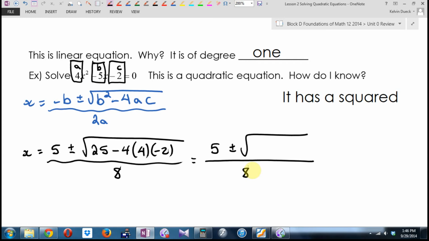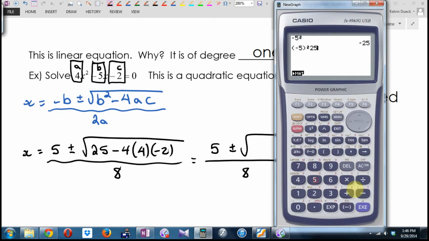B squared minus 4ac is called the discriminant. What I would do is I would do that on a separate line on my calculator. I would go 25 minus 4 times 4, whoop, not divided by, delete, times -2. Oh, wait a minute. I got a 5 squared in front. That's a problem. 25 minus 4 times 4 times -2. And I get inside the square root is a 57.